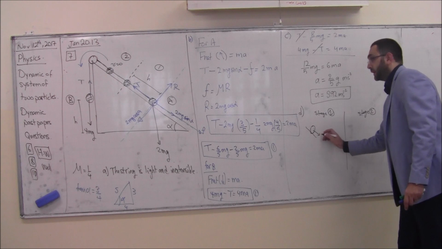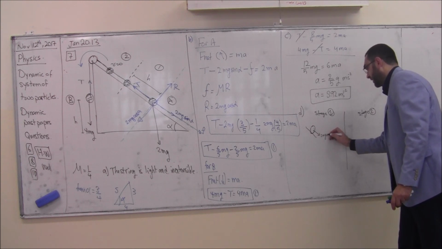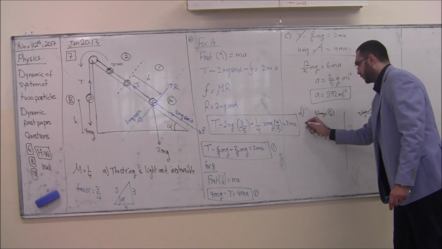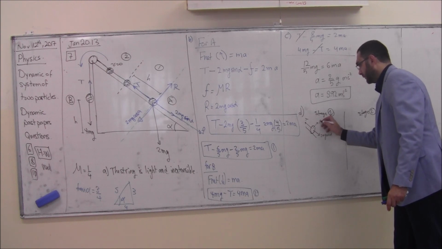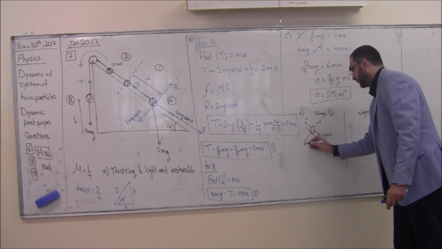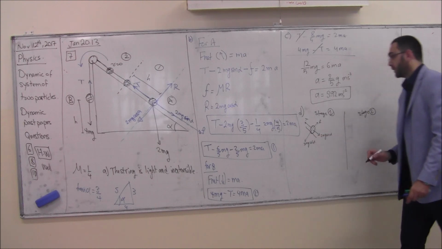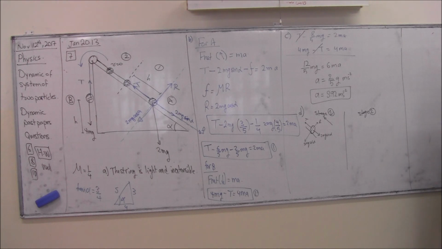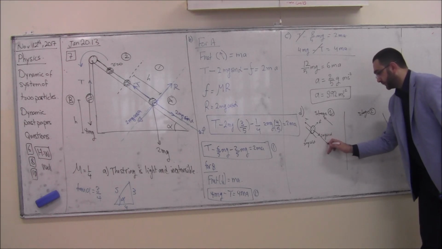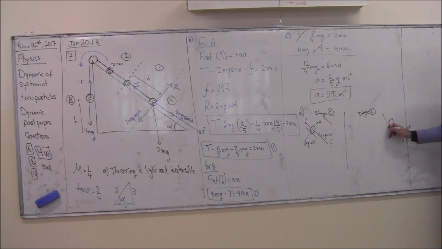We have 2 mg sine alpha, tension, and normal, 2 mg cosine alpha, with motion upward. In stage 2, this particle without tension, we have only 2 mg sine alpha. We forget the friction. Here we have 2 mg cosine alpha normal.